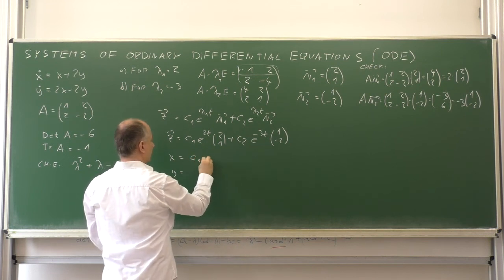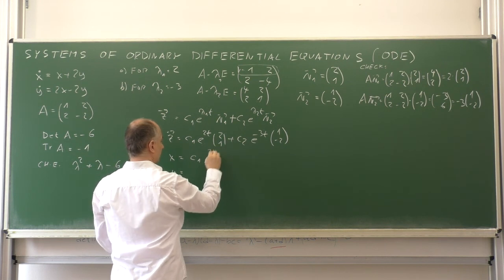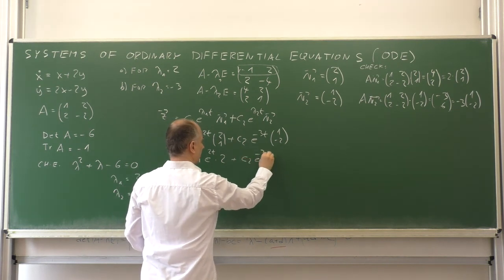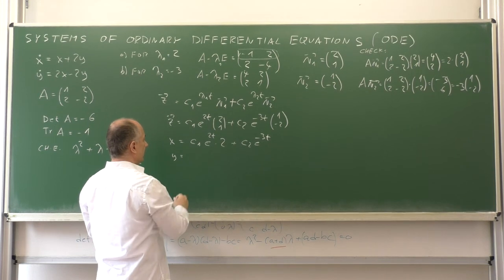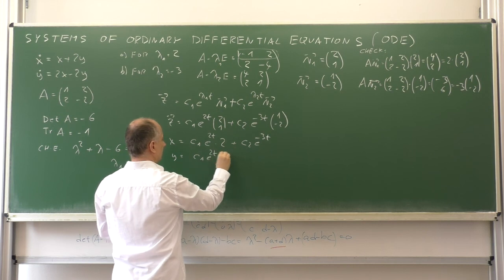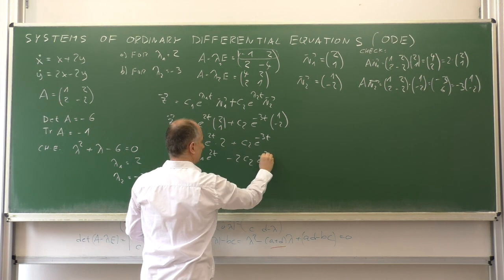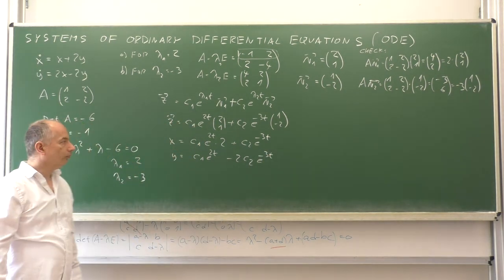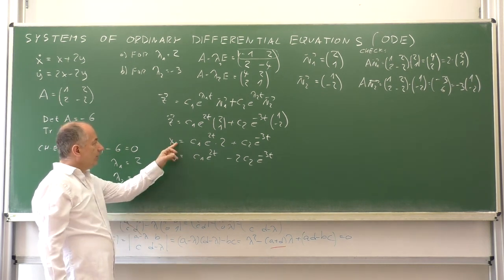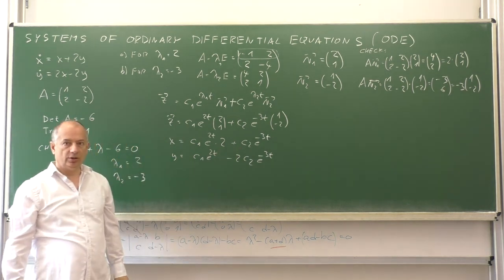So we copy the scalar coefficients: C1 e to 2t times 2 plus C2 e to minus 3t, and the second component, the function y, is C1 e to 2t minus 2 C2 e to minus 3t. Well, this is the general solution containing two integration constants, C1 and C2.